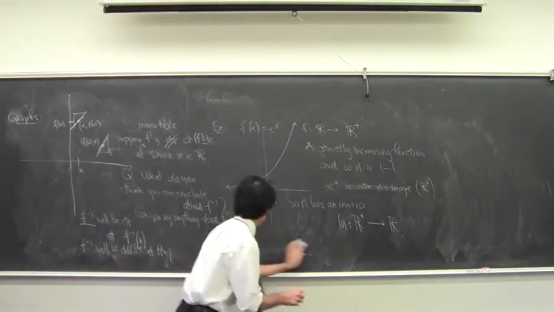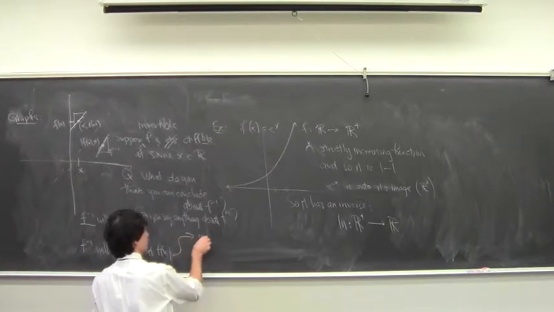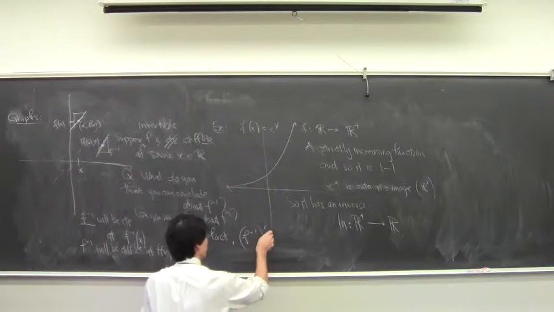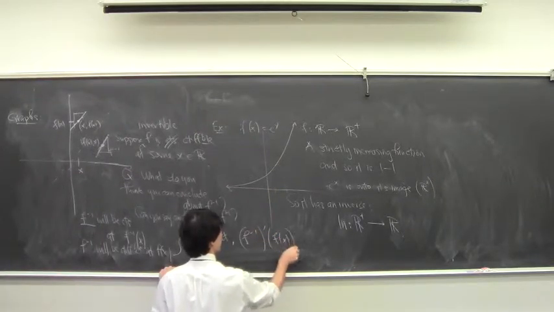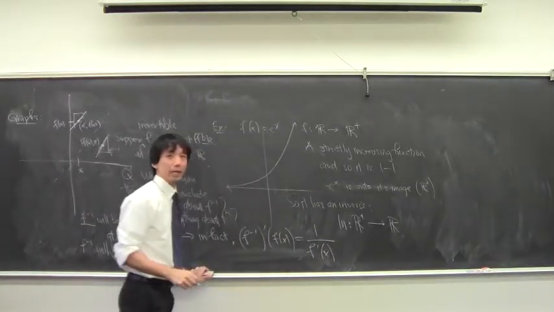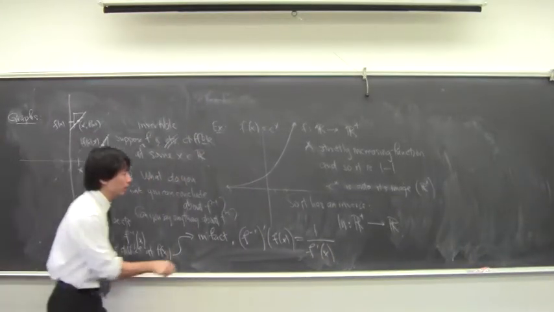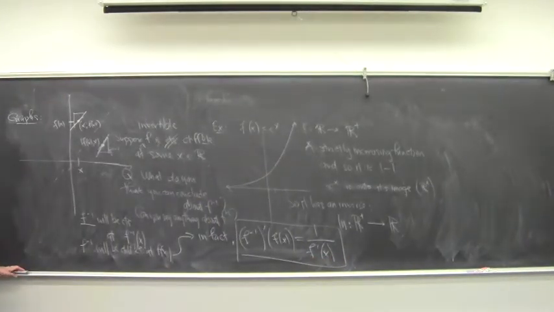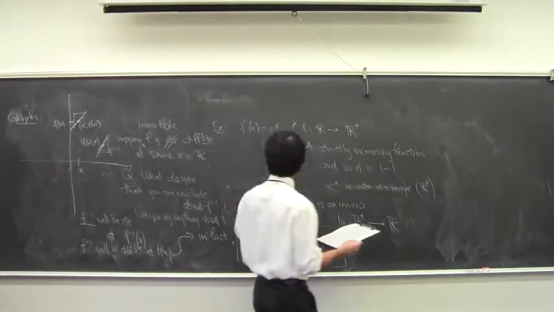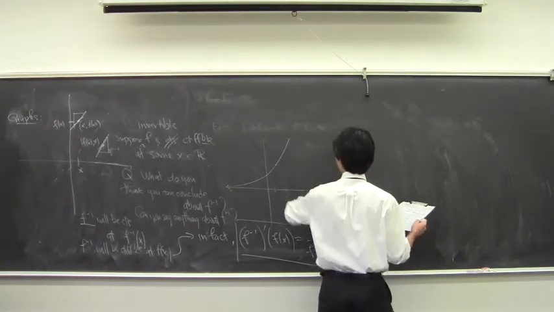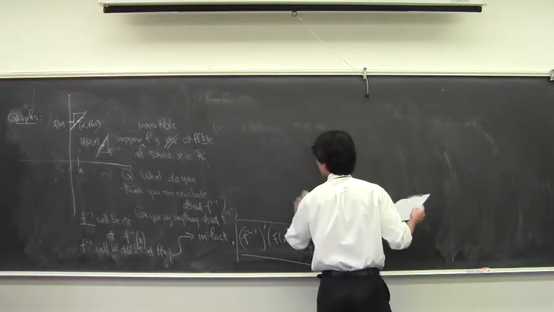So in fact, the slope of the derivative at f of x will be 1 over the slope of f at x. Does that make sense? So that's what we feel ought to be true, and in fact it is true.